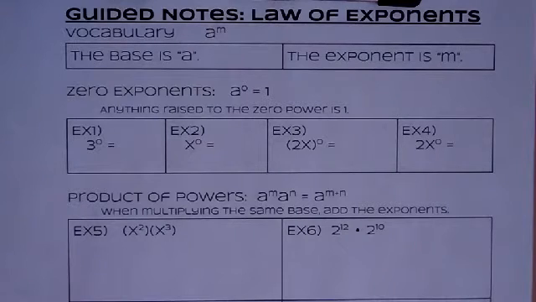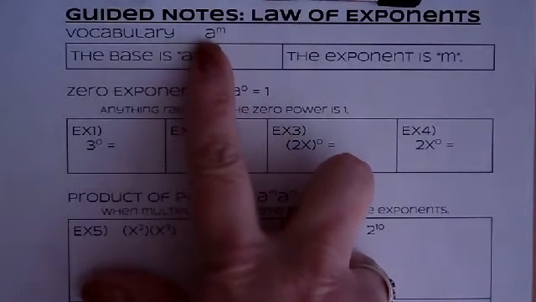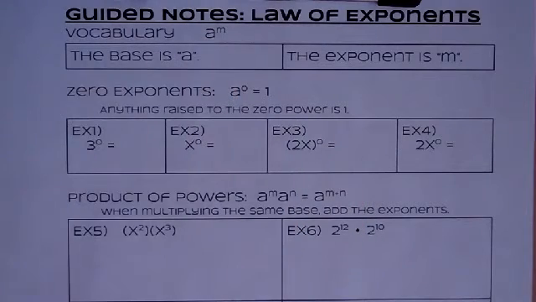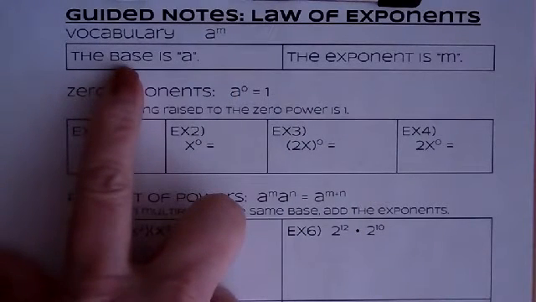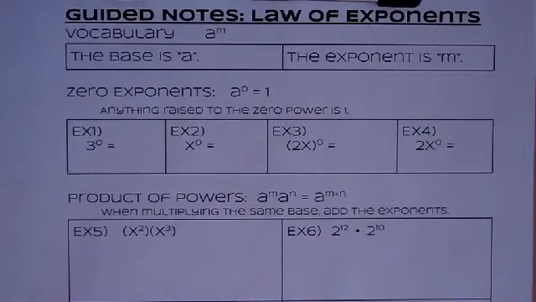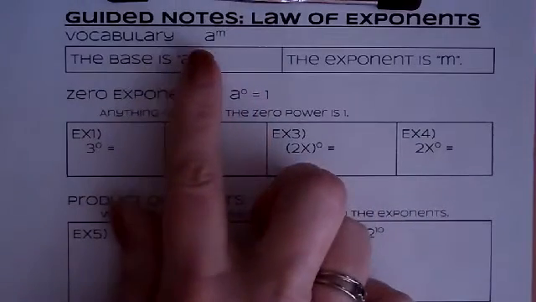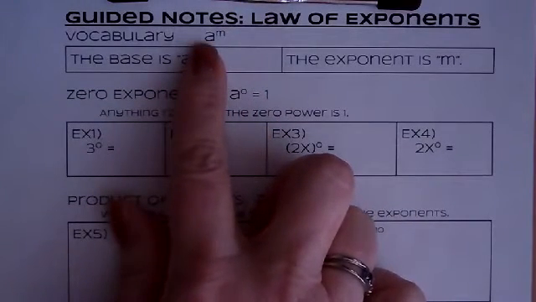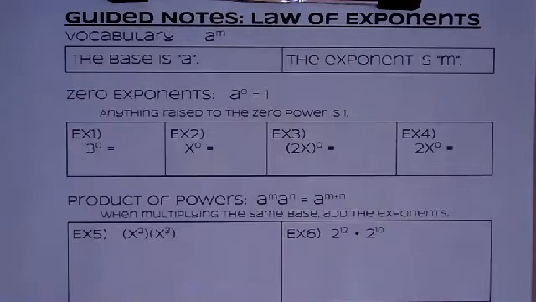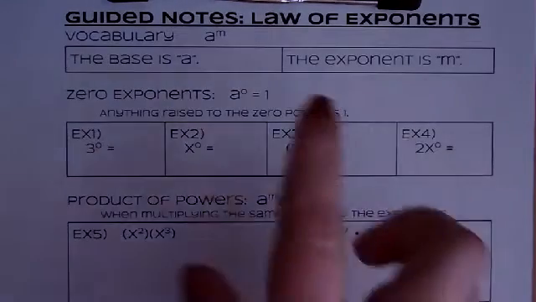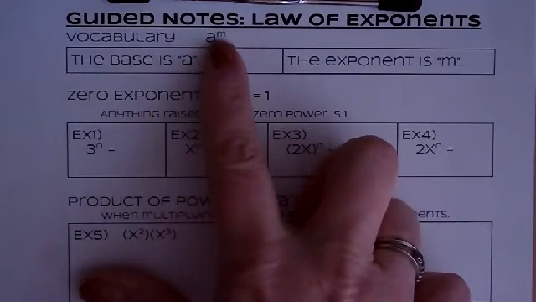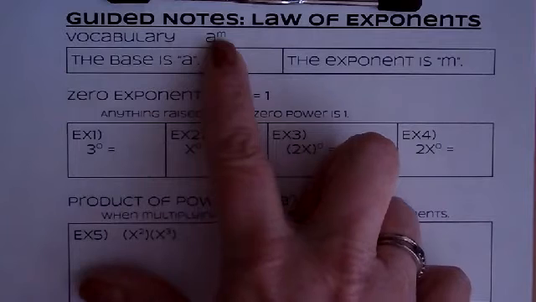But a lot of people don't realize that the a, the number or variable that has the exponent, is actually called the base. Okay, so that's the only two vocabulary words that we need to know. Base is the number or variable that has an exponent, and of course, m, or the exponent, is the power that is in your expression.